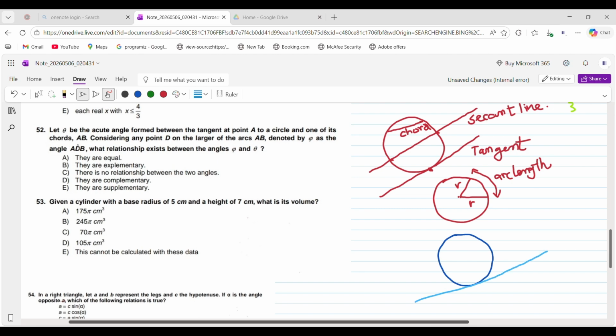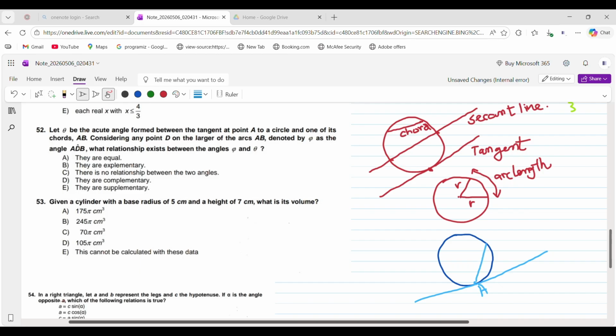Okay. Here I have got my tangent, and it is basically making an acute angle. A tangent at a point A. So basically we are calling this tangent point as A. Okay. And one of its chords.